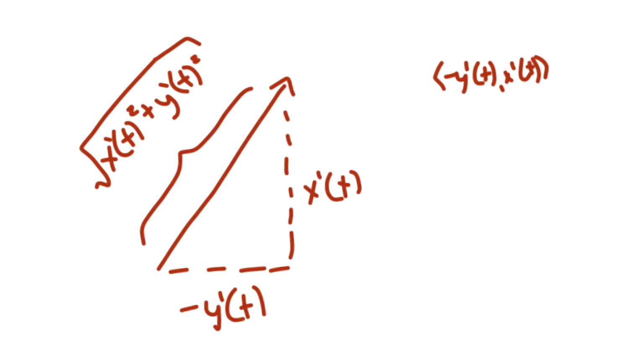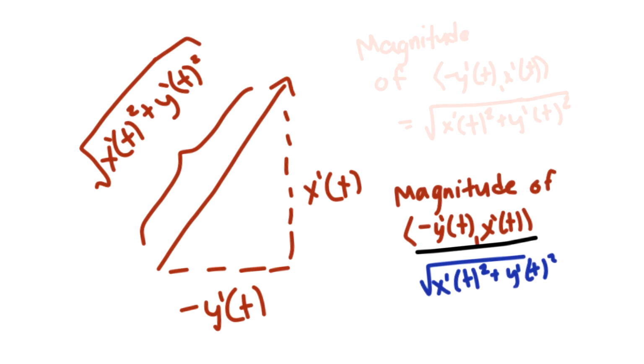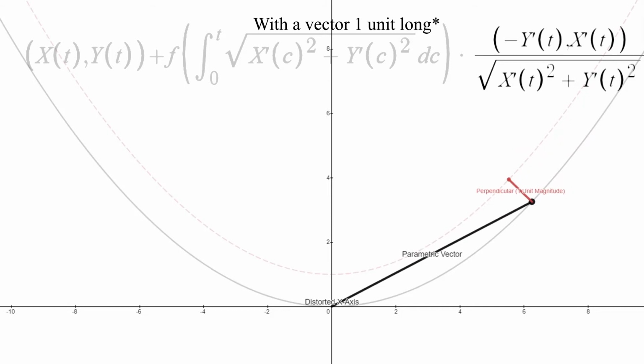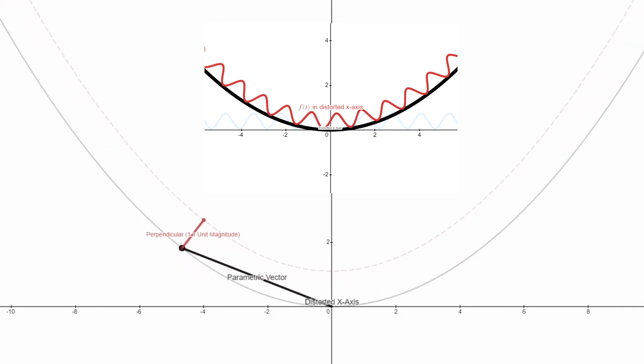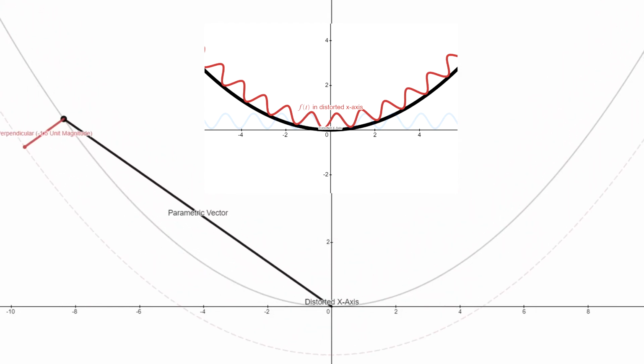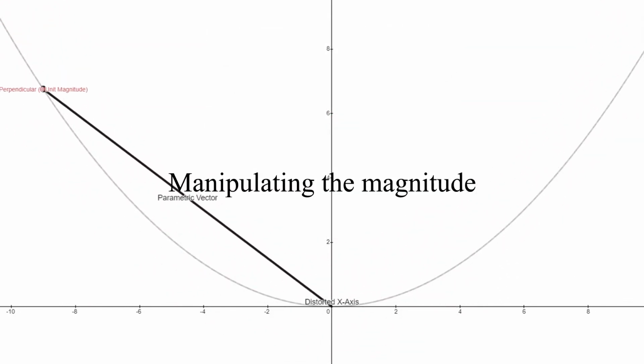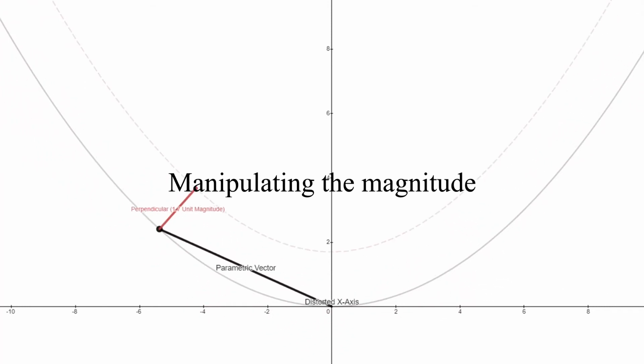So if the vector by itself has the magnitude of the square root, then dividing the vector by the same magnitude will reduce it to 1 unit. With the vector 1 unit long and 90 degrees relative to the parameter, we can draw whatever curve we want that rides along the parametric curve by manipulating the length of the vector through the function f.